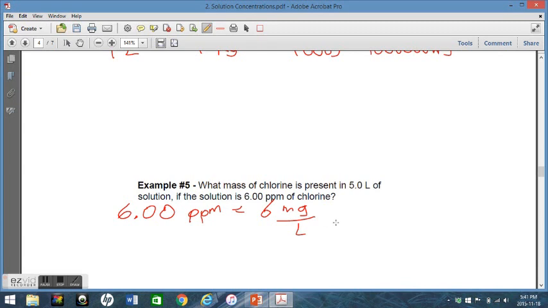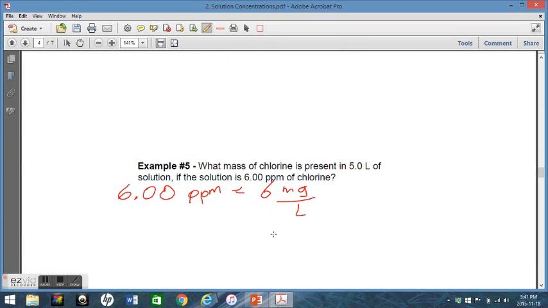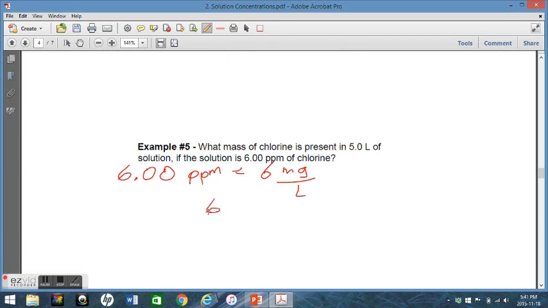Okay, a couple ways we could do this. I'll show you a couple of them. We can say, 6 milligrams per liter, and we're going to multiply this by, we want to end up with the mass, so we want to get rid of the liters on the bottom. Times 5 liters. Now this method, we started looking at it yesterday, and I didn't tell you the name of it. It's called unit analysis.